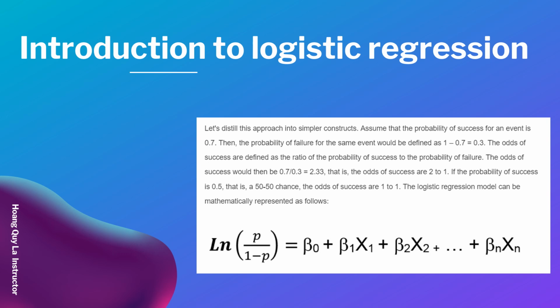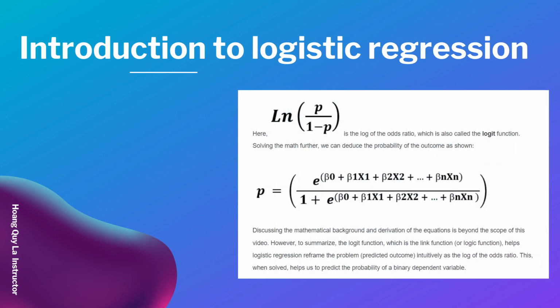So the logistic regression model can be mathematically represented as follows. We have ln, which is log e, of p divided by 1 minus p, where p is the probability of success and 1 minus p is the probability of failure, equal to beta 0 plus beta 1 x1 and so on until beta n times xn.